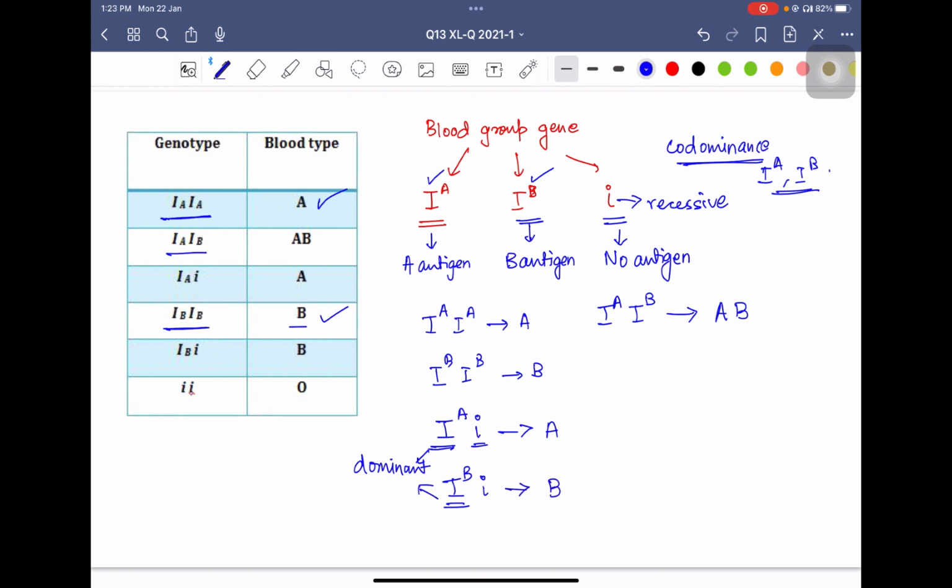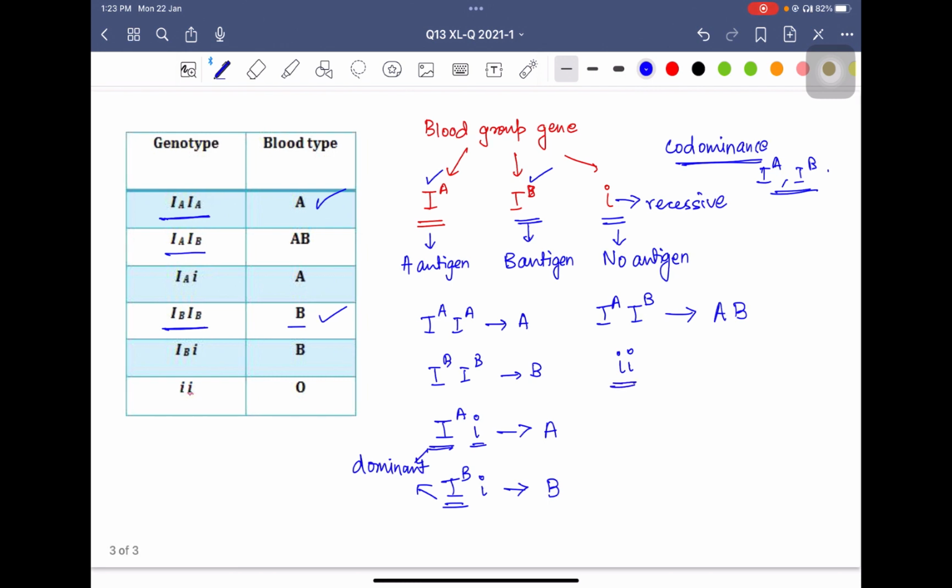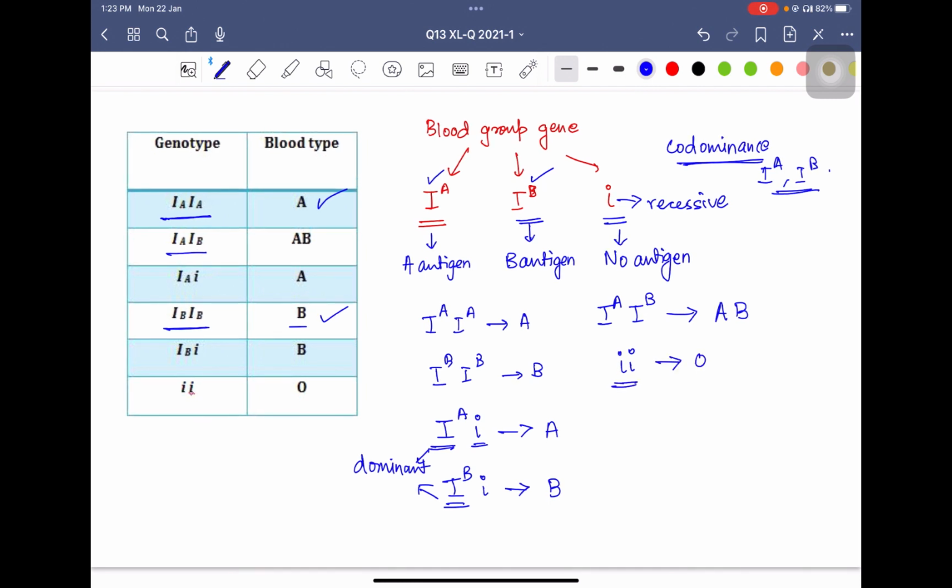Therefore, the RBCs will have only B antigen on their surface, so the blood group will be B. And the last one, when both the alleles are small i, both are recessive, then there will be no antigen produced by any of the alleles, so the blood group will be O. Right? So this is the genetics, and this is a case of codominance.